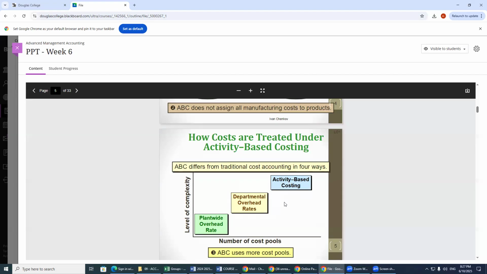And then we can have a plant-wide manufacturing overhead rate, which will not be very sophisticated, but good enough to allocate the cost of the entire company into our product.